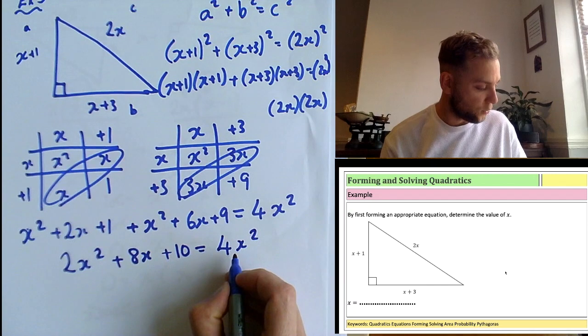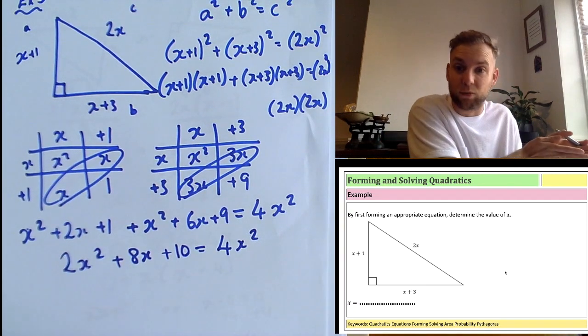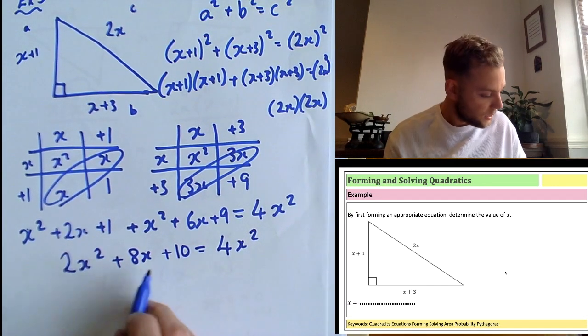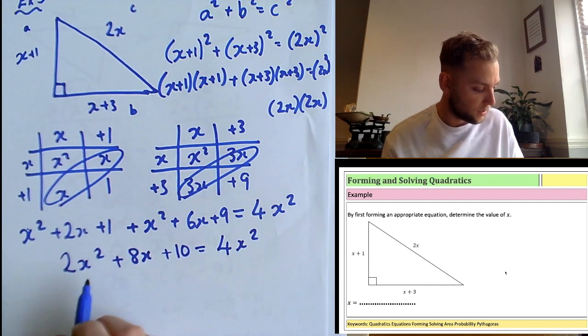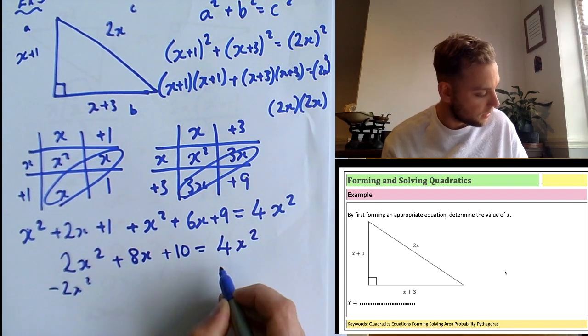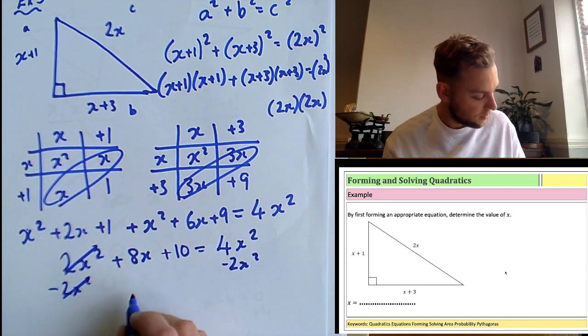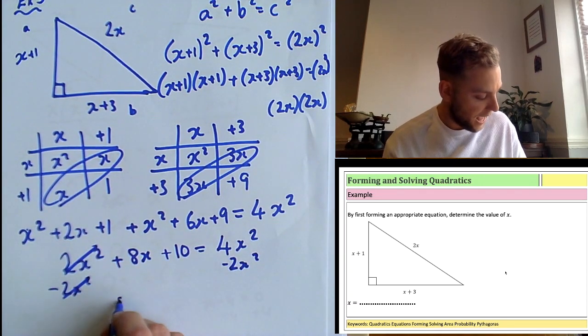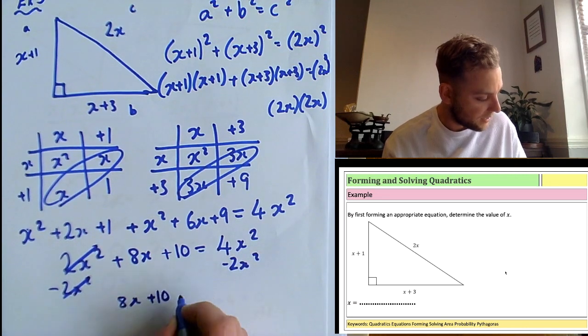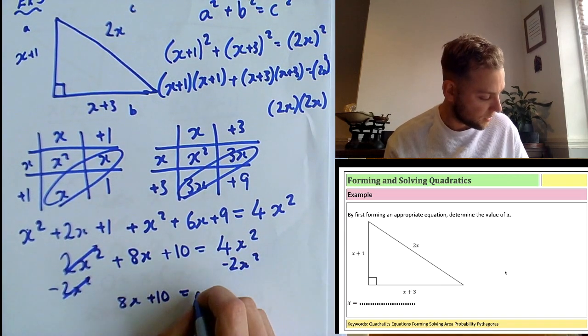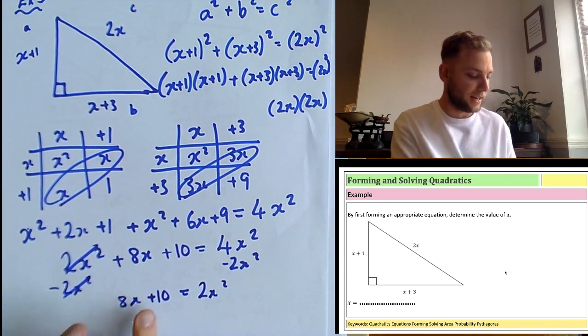Then I need to get rid of this 4x squared. In fact, I'm going to take all of this to the right-hand side, okay? So, to keep it positive, minus 2x squared, minus 2x squared, which gives me, they will cancel. So I'm going to have 8x plus 10 is equal to 4x squared, take away 2x squared is equal to 2x squared. And I need to take both of these over.